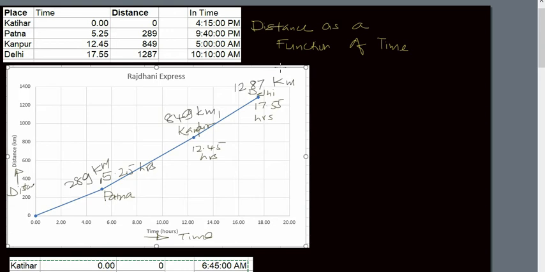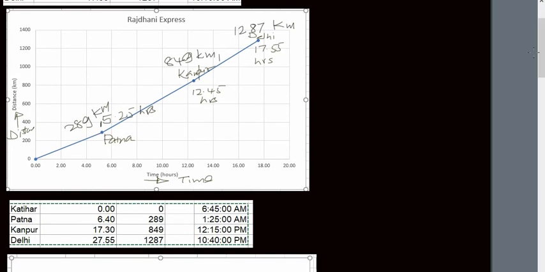Now we will look at another train, and that train is called Mahananda Express. So Mahananda Express reaches Patna in 6.40 hours, Kanpur in 17.30 hours, and Delhi in 27.55 hours.